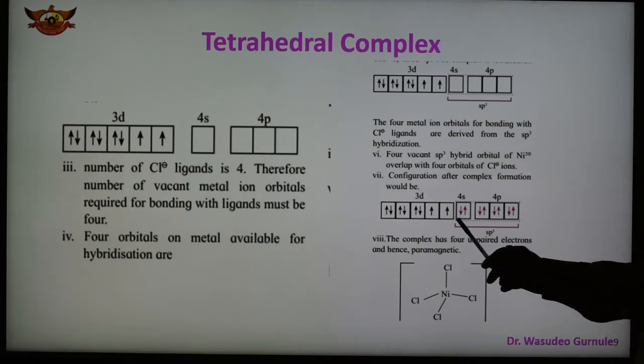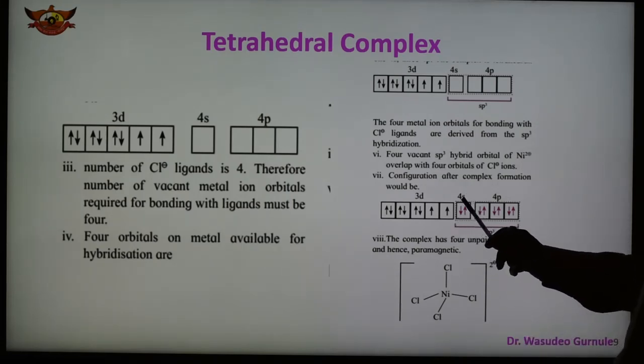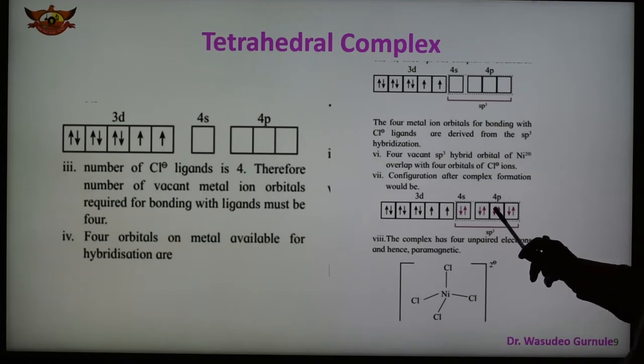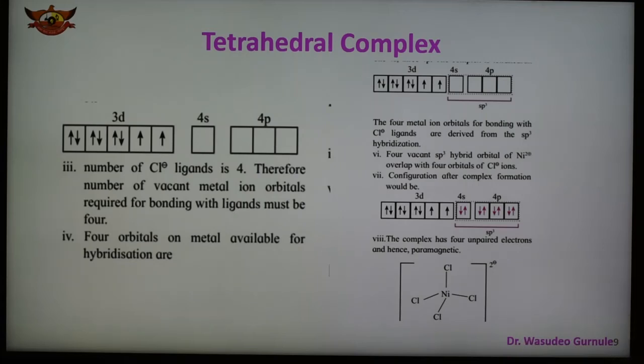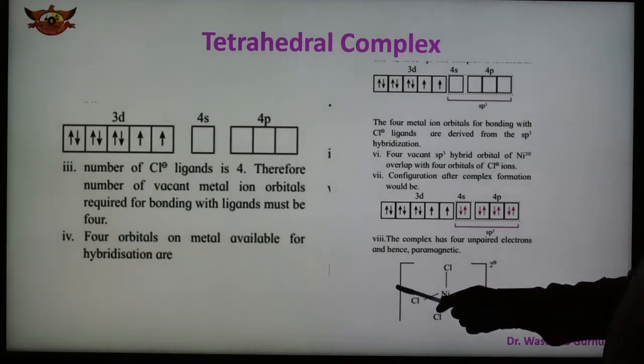And the hybridization is sp3. इसमें देखो s orbital 1 है और p orbitals 3 हैं, 1, 2, 3, तो ऐसे ये total 4 sp3 हैं। इसमें s 1 ही है, p 3 है, तो sp3 ऐसा ये hybridization है। Whenever there is sp3 hybridization, the shape is tetrahedral. So in this way the geometry of the tetrahedral complex is shown.